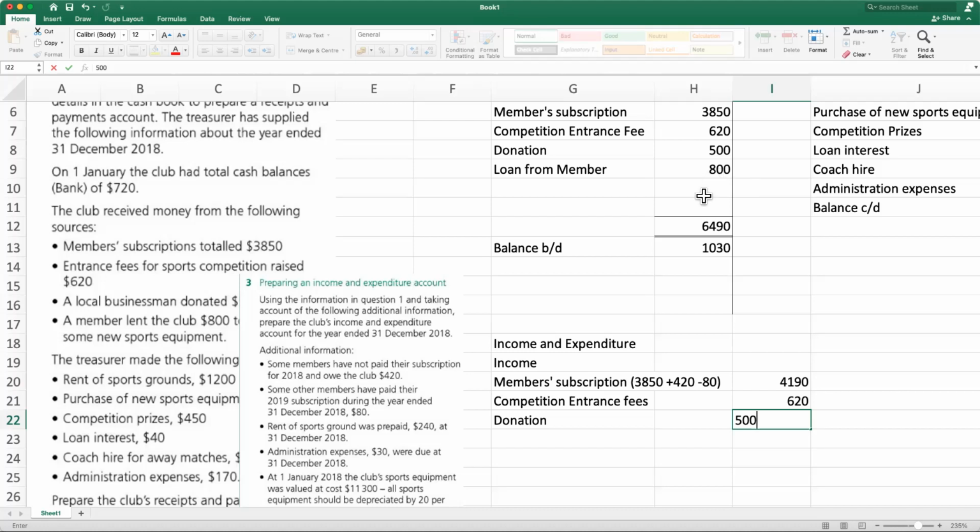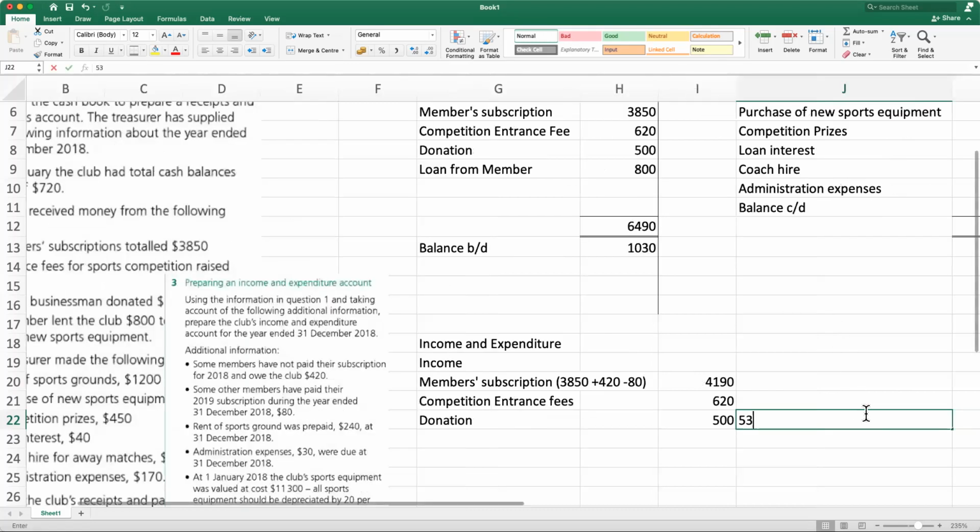You just get the money, but it is not an income. So your total income stops here. Total income will amount to 4,190 plus 620 plus 500, which is 5,310. This is your total income. I'll just put it in the middle so it's closer.